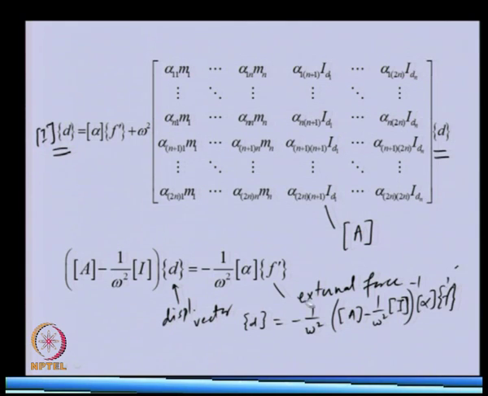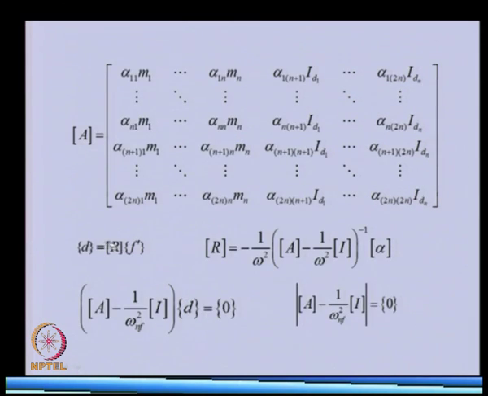This particular equation is written in a more compact form, and this A matrix is given by this.